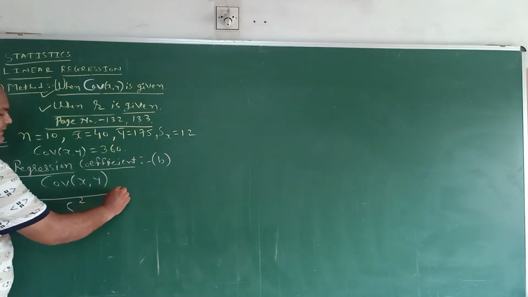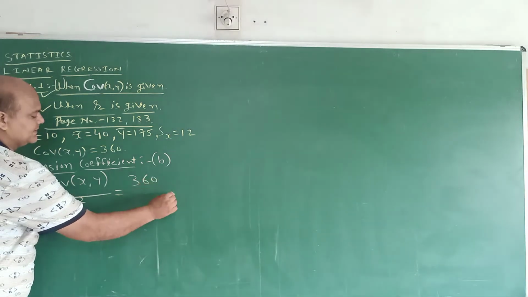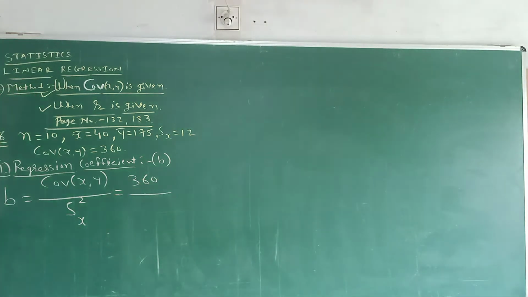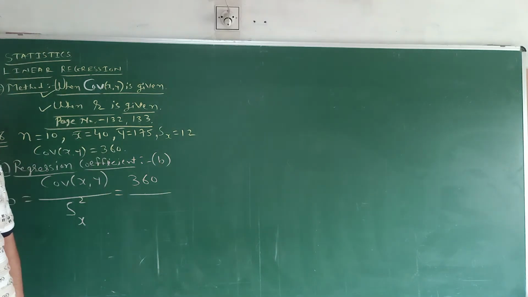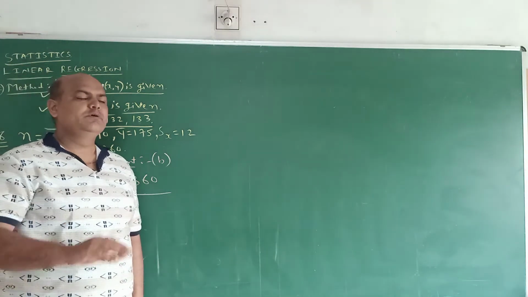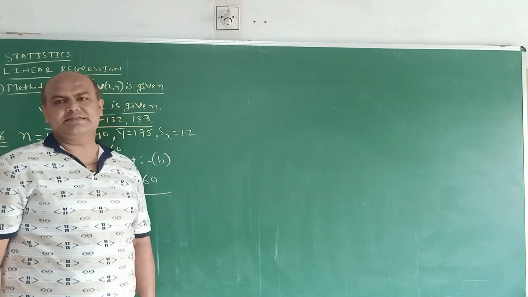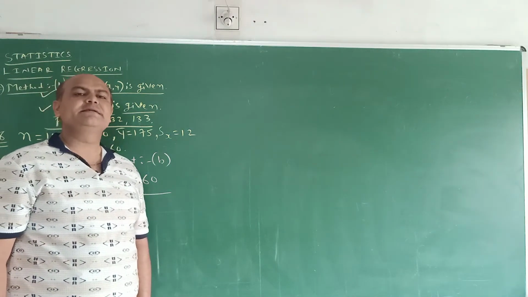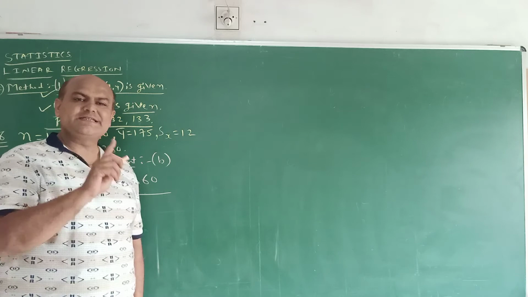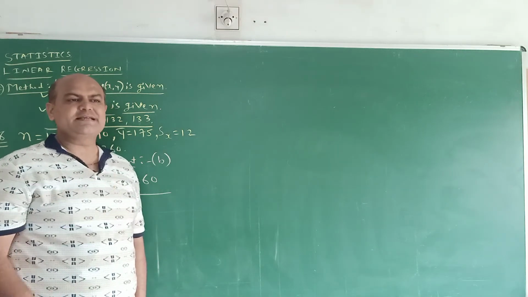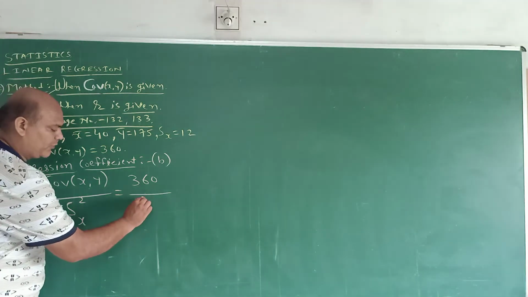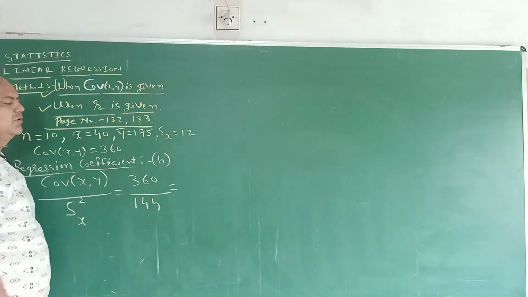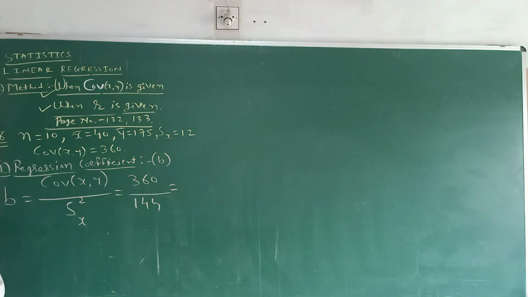Now covariance xy is 360. Sx is provided, students, that is 12. So what we have to do? We have to square the Sx, that is Sx square. Sx is 12, so Sx square is the square of 12, that is 144.